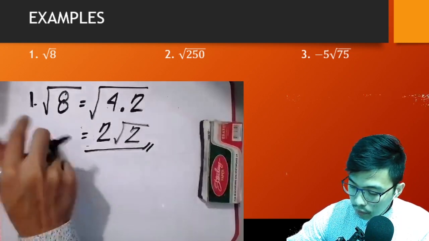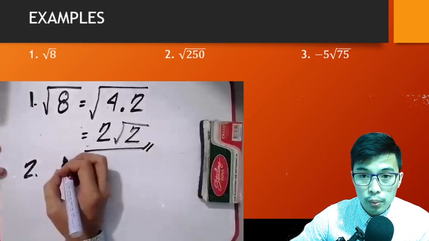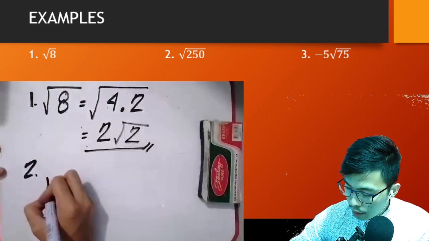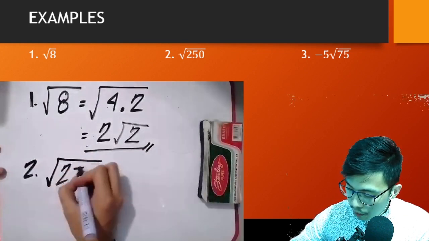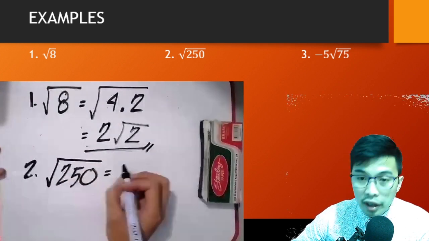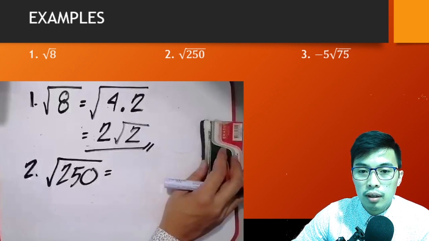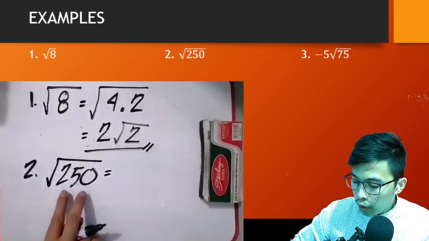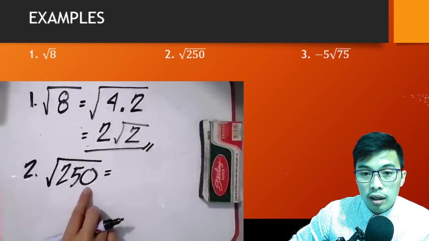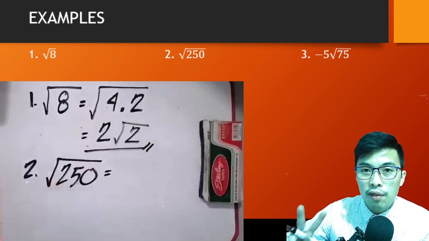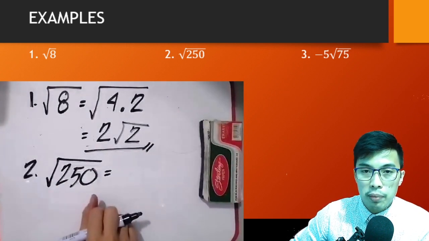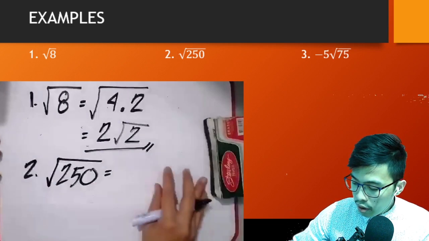And number 2 is we have the square root of 250. Again, 250 is not a perfect square. Pero, pwede natin i-factor yung 250 na yung isang factor sa factors ay perfect square. Okay?